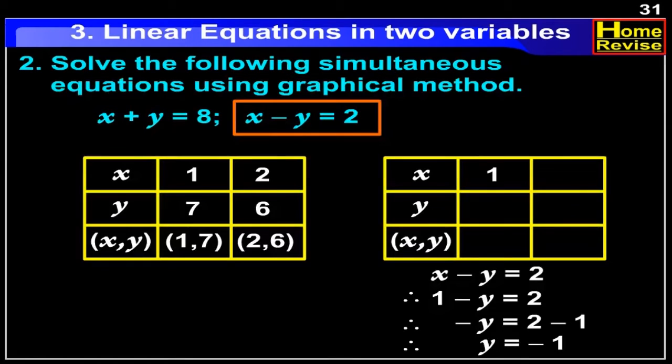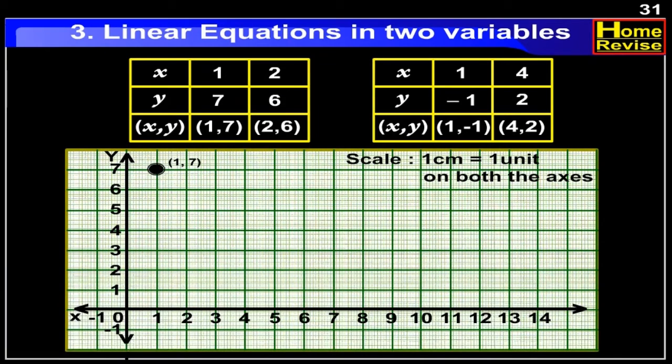We get y is equal to minus 1. Therefore, coordinates of x and y are 1, minus 1. Therefore, coordinates of x and y are 4, 2 and 2, 6.